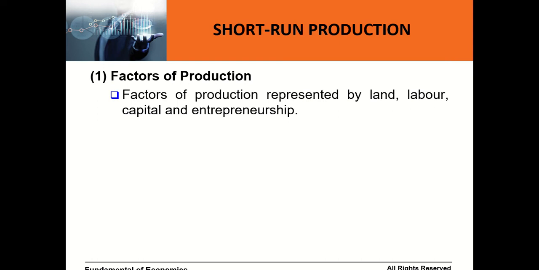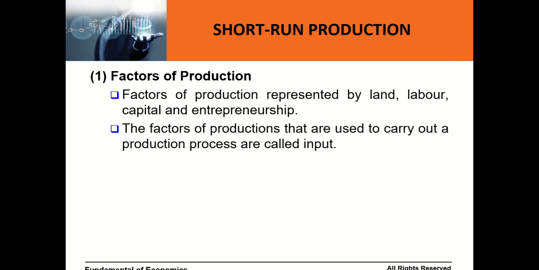Conventionally, there are only two of them, labor and capital, but in our discussion, we divide this into four: land, labor, capital, and entrepreneurship. Why do we need land and labor? Because if we want to produce goods, we need the labor, land, capital, entrepreneur. Before we can produce goods that we call output, we need the input. That input is called factors of production.